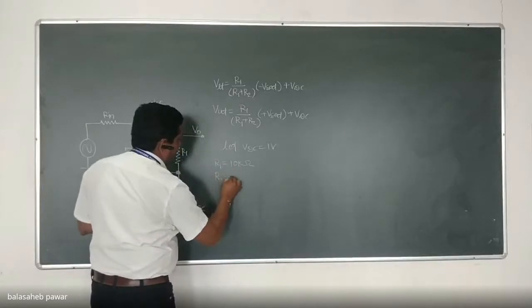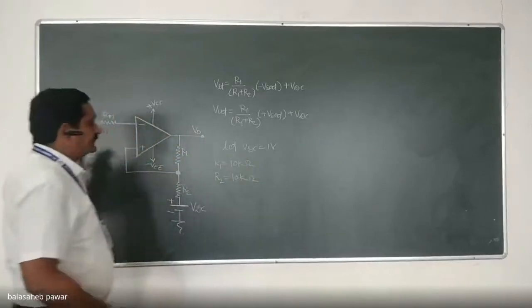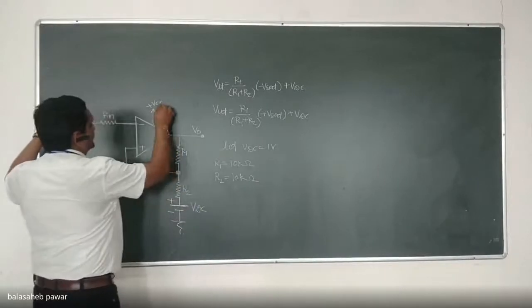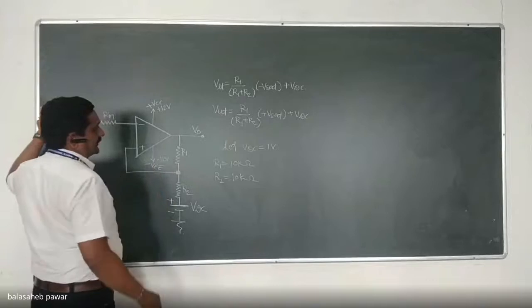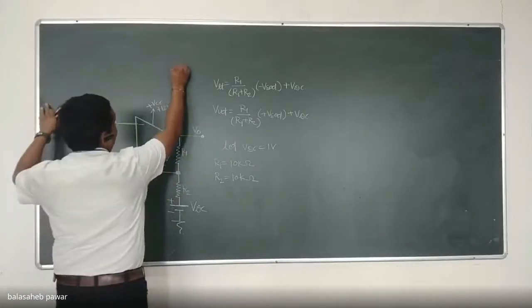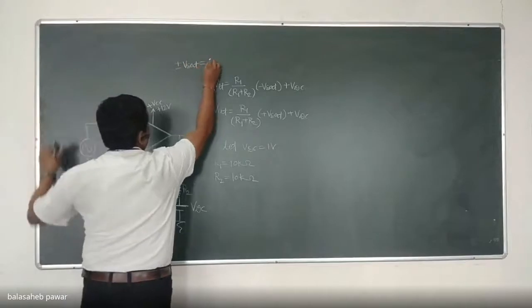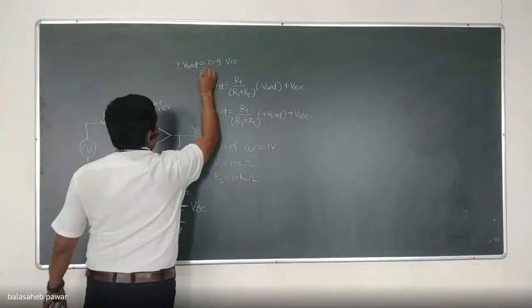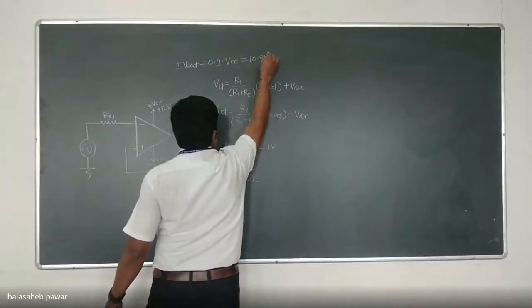R2 is again 10K. Plus minus VCC is, suppose, 12 volts, and therefore plus minus VSAT is 90% of VCC, that means it will be equal to 10.8 volts, right?